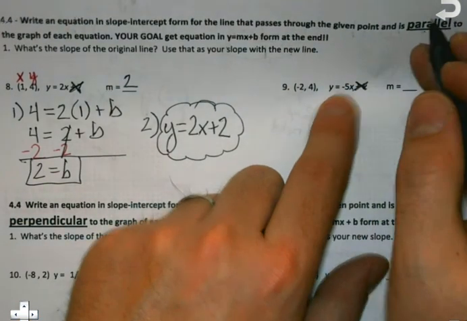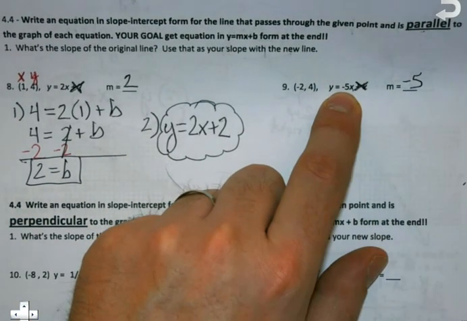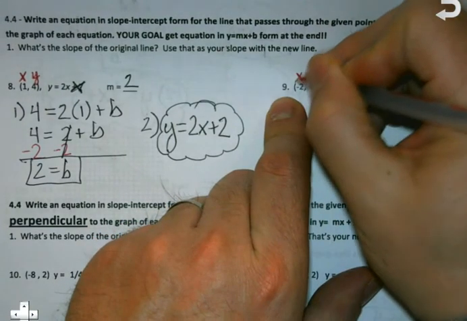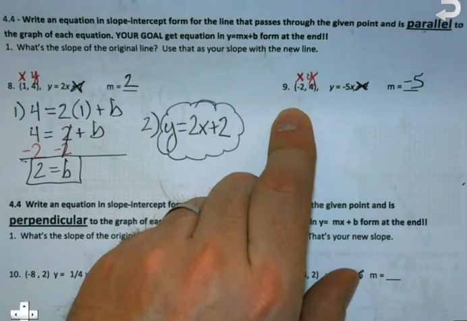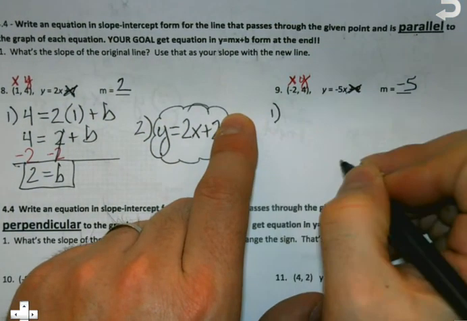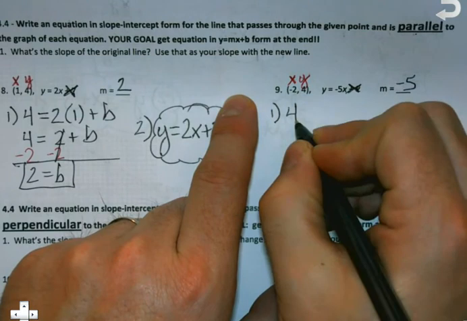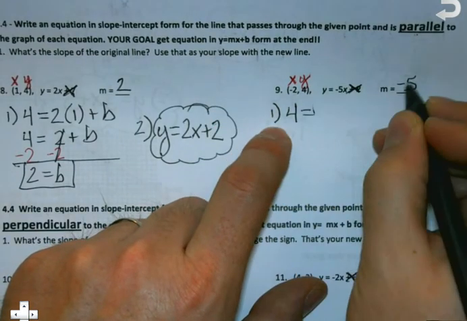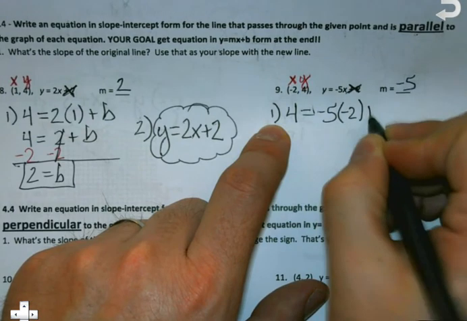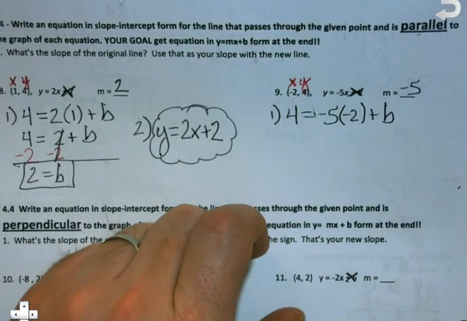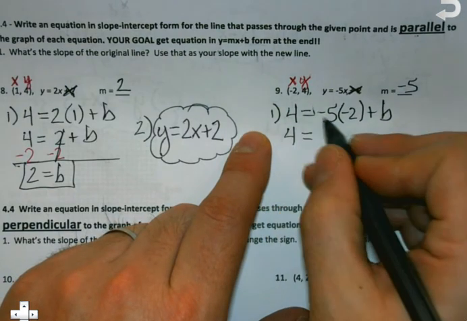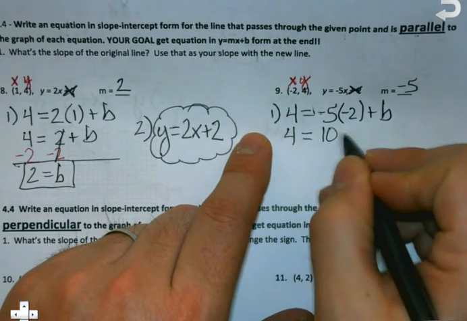Same deal going here. Take my slope straight from the problem. There's my x and my y to plug in. And here we go. Y equals mx plus b. And the only real thing I think we got to watch out for here is remembering negative times negative makes that a positive.